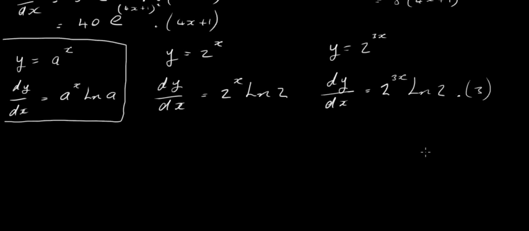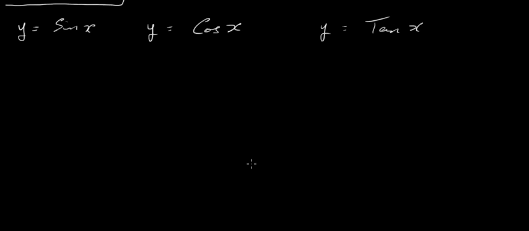Okay, so let's move on to some trigonometric functions. First of all, we'll take y is equal to sine x, y is equal to cosine x, and y is equal to tan of x. If we differentiate each of these, dy/dx is going to be equal to: if you differentiate sine of x, you get cosine of x.